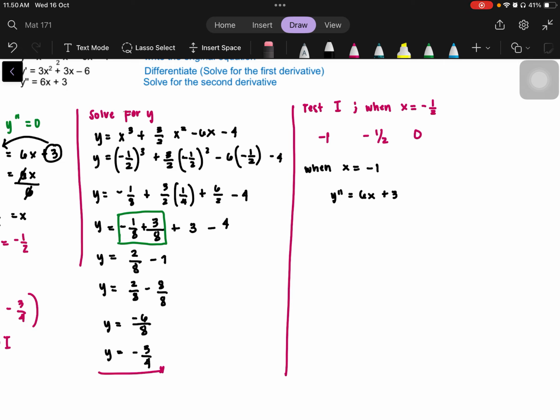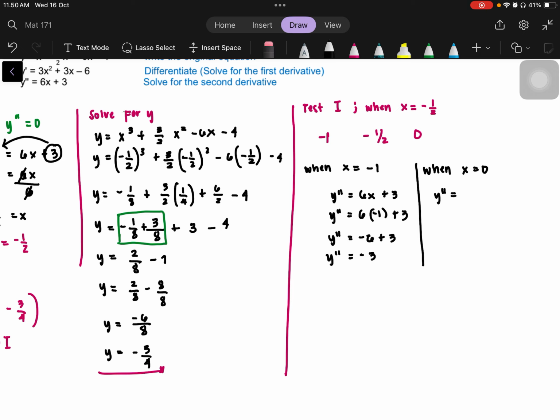Check natin yung ating y double prime. Y double prime is equal to 6x plus 3. Then y double prime is 6. Then x natin is negative 1 plus 3. Y double prime is 6 times negative 1, negative 6 plus 3. Then y double prime is negative 3.